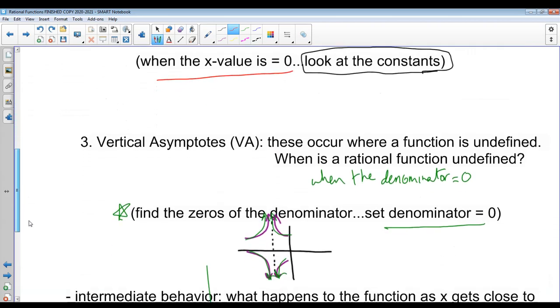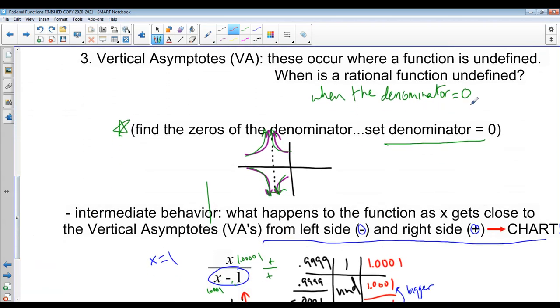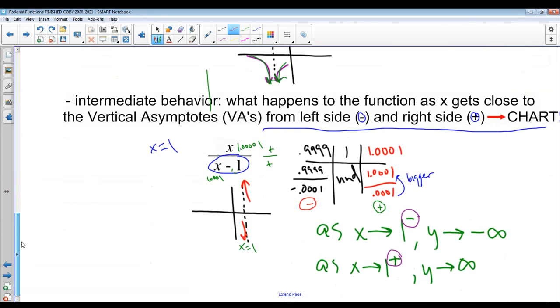We look for the vertical asymptotes. So what happens when the denominator is 0? So we look for the intermediate behavior. And then we're going to make these little charts just to officially determine what is happening to this graph as we approach from the right and as we approach from the left-hand side of our vertical asymptotes.